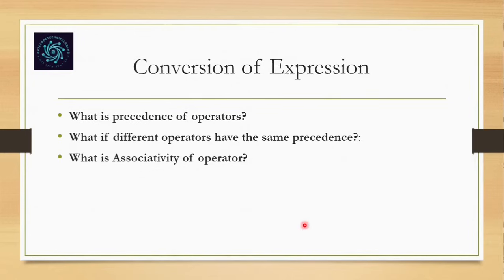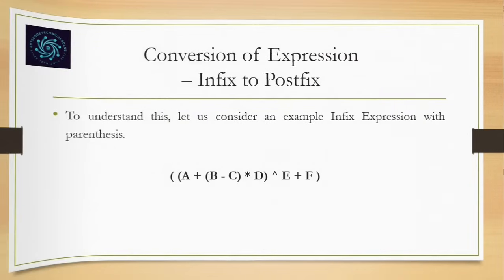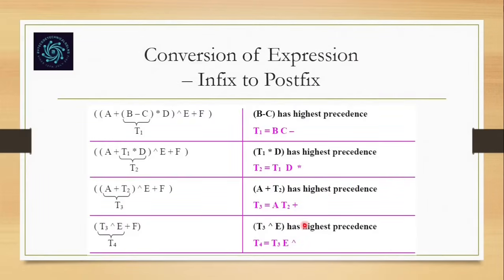Hence we go for multiplication first, and later for addition. So t1 star d will be the first evaluation. This will be taken as t2. So t2 means t1 star d. Once converted into postfix form, it results in t1 d star.